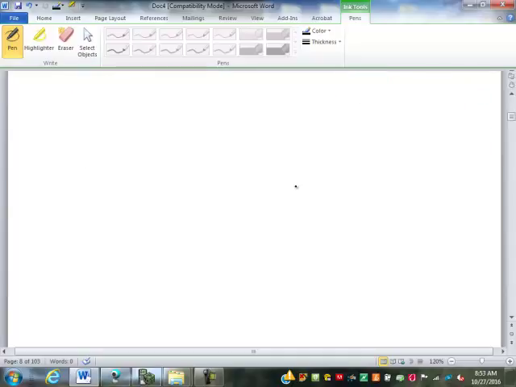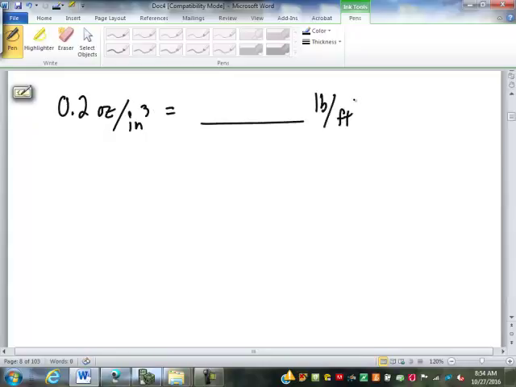So what if I tell you something has a density of 0.2 ounces per cubic inch? What's that going to be in pounds per cubic foot?